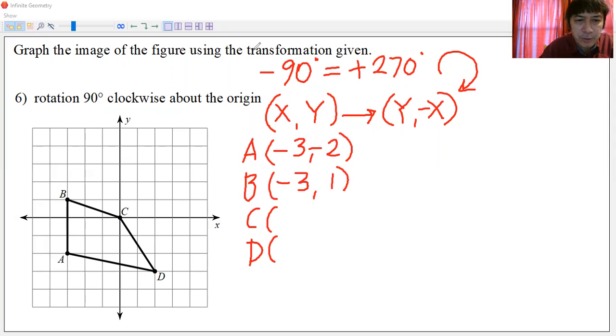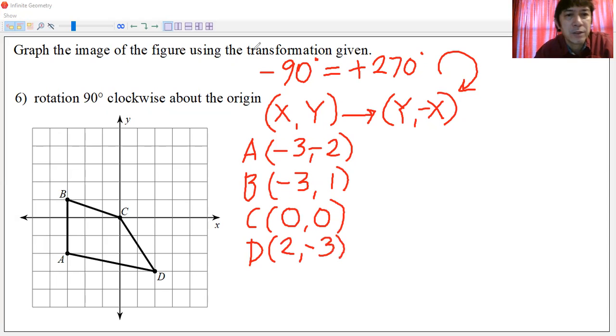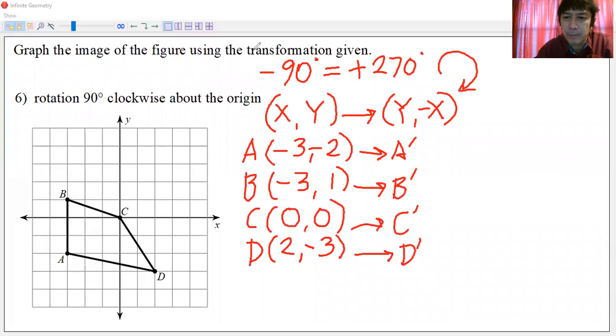The point C is right at the origin. And point D is at the fourth quadrant, 2, -3. This is rotation about the origin. So we have our examples rotated about the origin from the first example up to this number 6 example. So this is going to be A prime, B prime, C prime, and D prime.